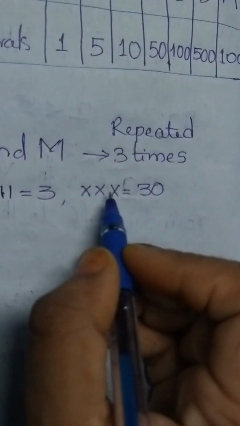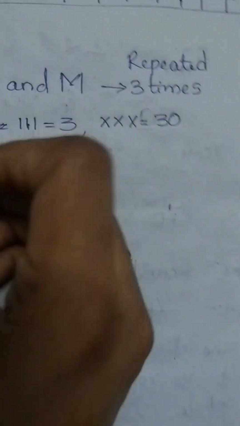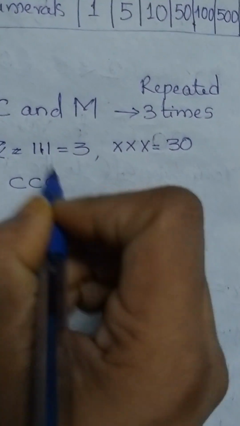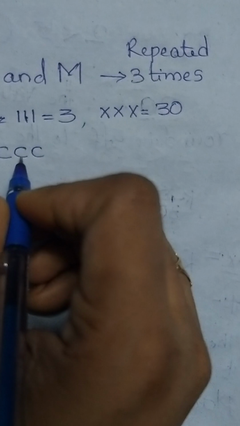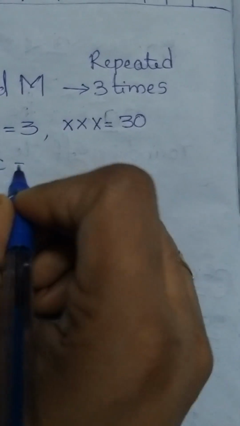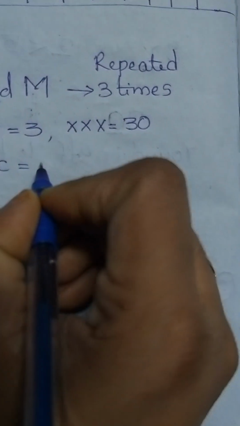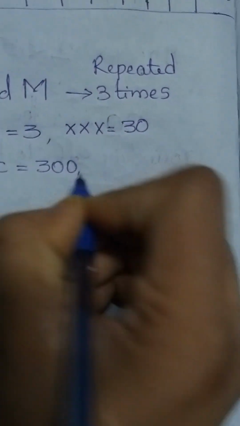And I plus I plus I is 3. X means 10, you know it already, and X 3 times means 30. C C C means which number? C is 100, so 100 plus 100 plus 100 is 300.